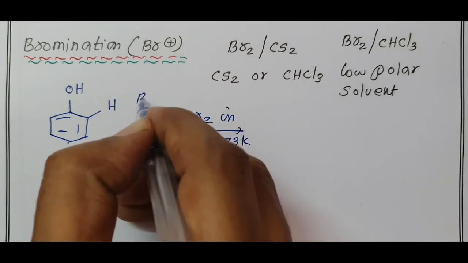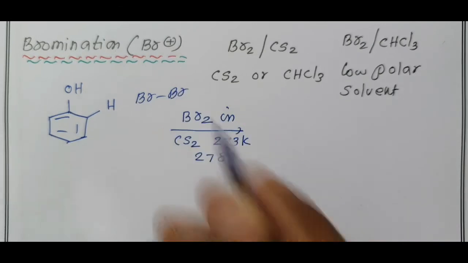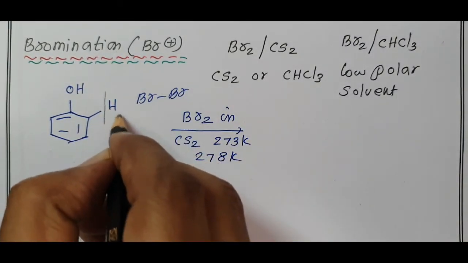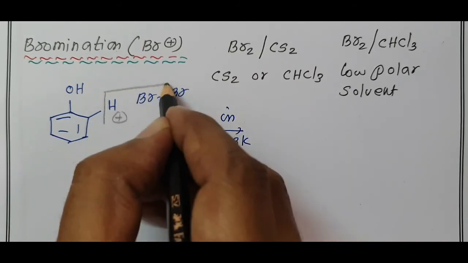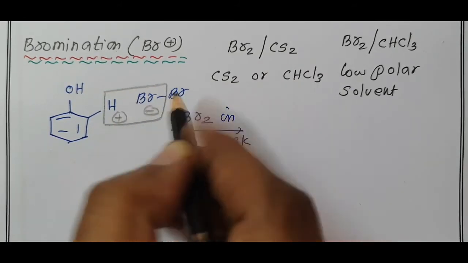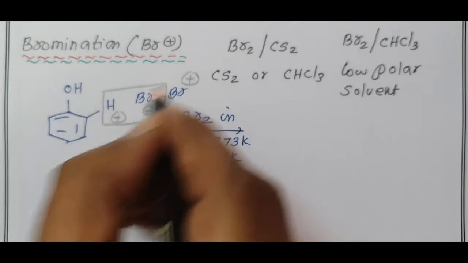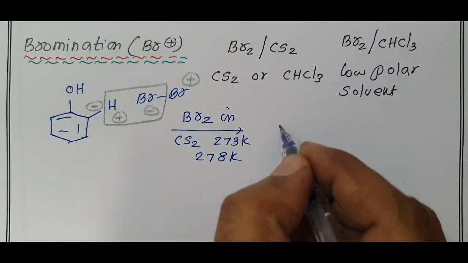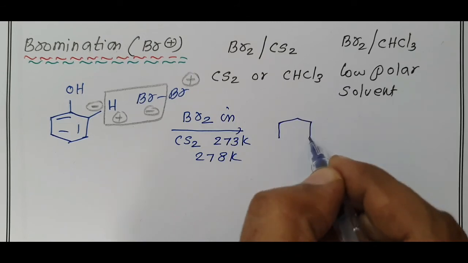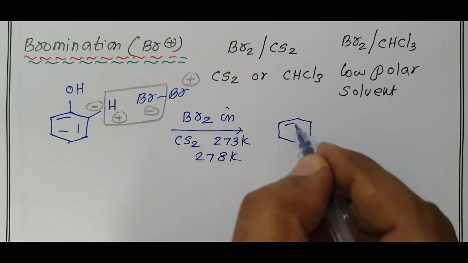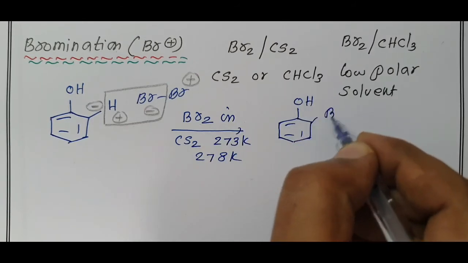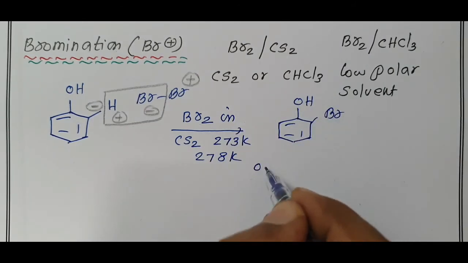Addition of Br2: H plus from the ortho carbon of phenol and Br minus are removed as HBr. This Br plus is added to that minus, giving monobromophenol, C6H4. Here you have one OH and one Br. What is the name?